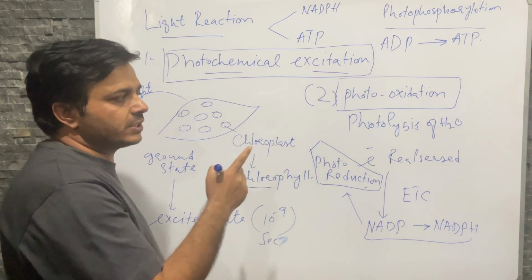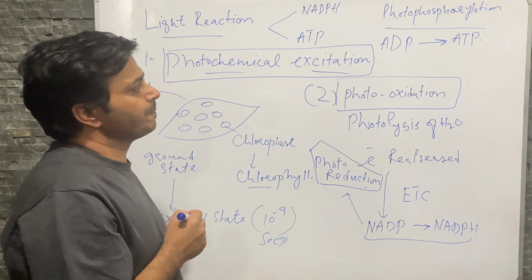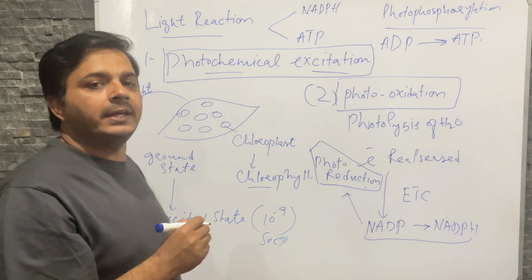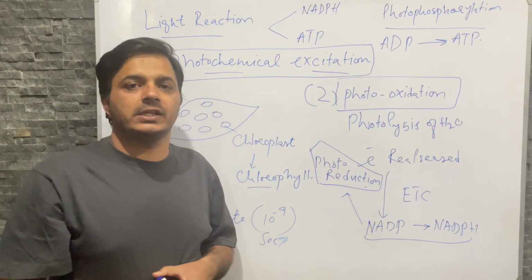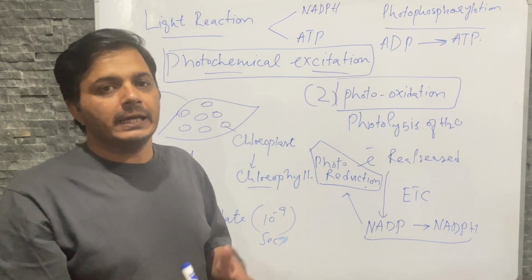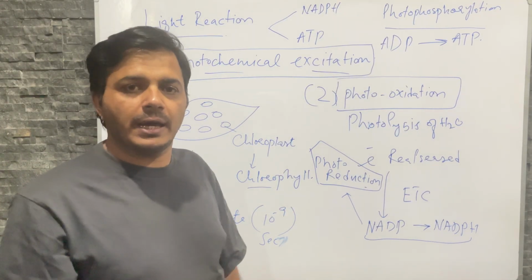So photooxidation is for the water and photoreduction is for NADPH. And then finally we studied photophosphorylation, a process by which ADP is converted to ATP in a light reaction.